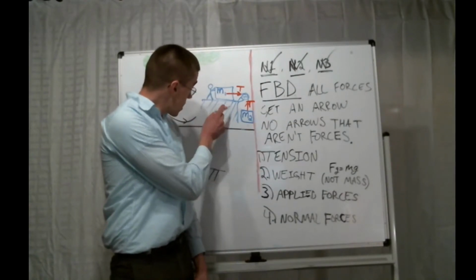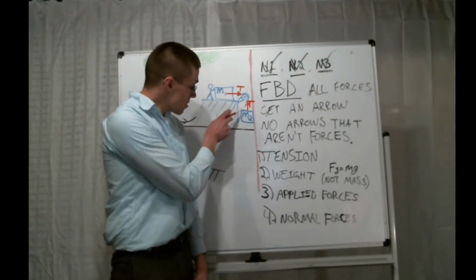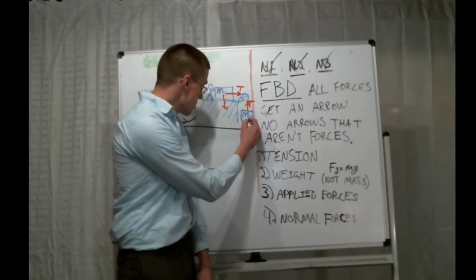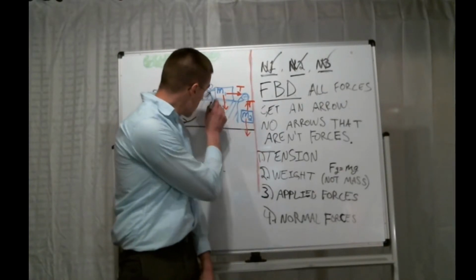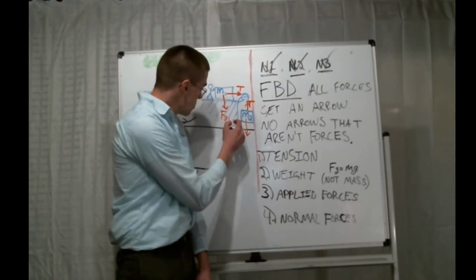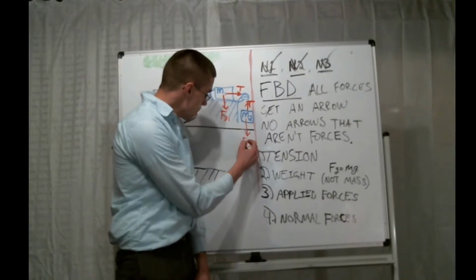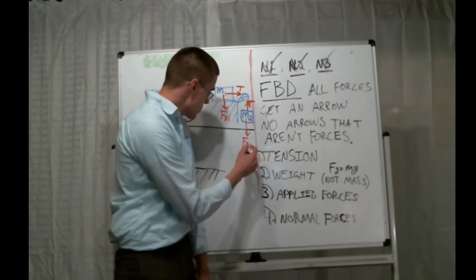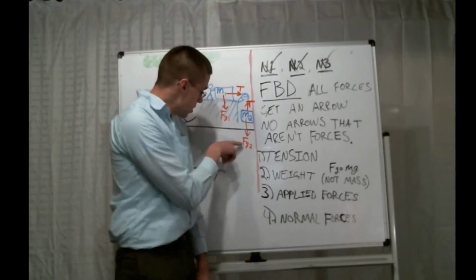On my little diagram here with the 2 boxes, I've already included the tension forces. Now, if I'm going to put the weight on there, I would put it down like this. Since this is mass 1, I would call this Fg1, and this is mass 2, so I would call this Fg2. So the gravitational force on M1 and on M2.